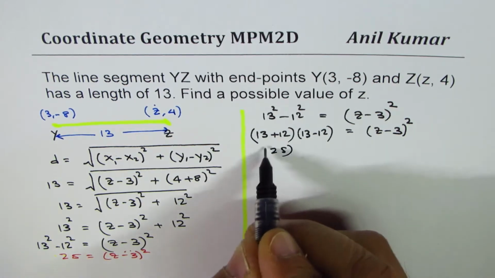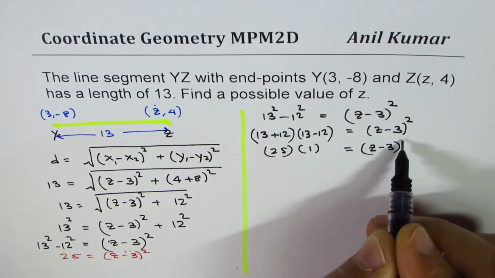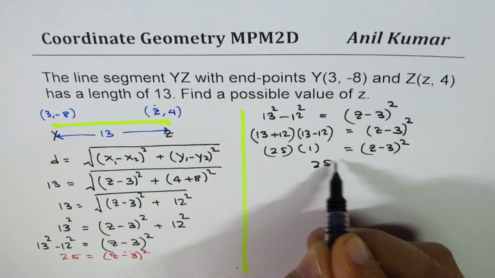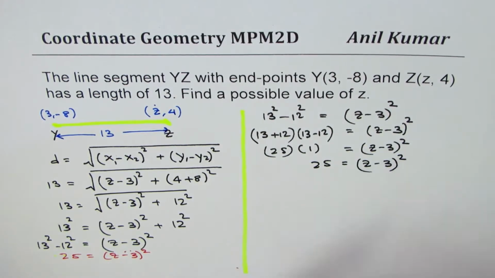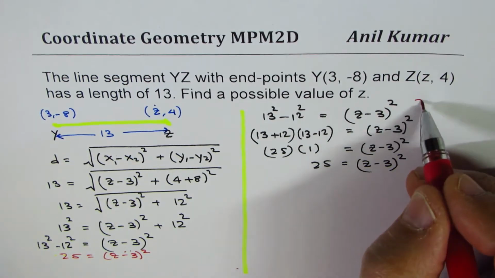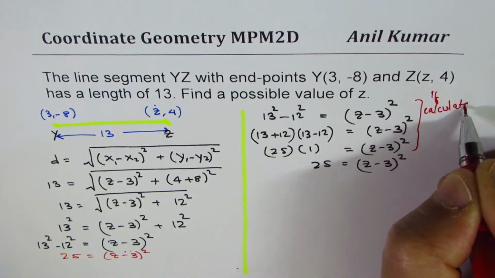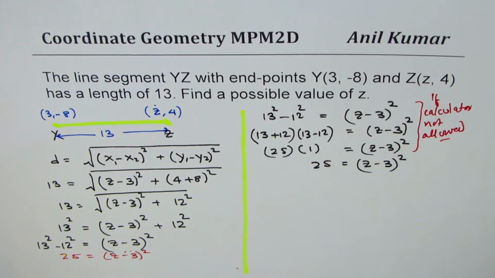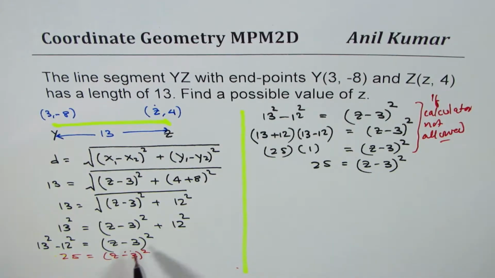So we have 25 times 1 equals (z minus 3) whole square. Well, it is not really required, but I'm just showing you that at times it may be a necessity, so do this step only if the calculator is not allowed. Is it okay? So you get 25 equals (z minus 3) whole square as we got earlier. Anyway, it's the same thing.